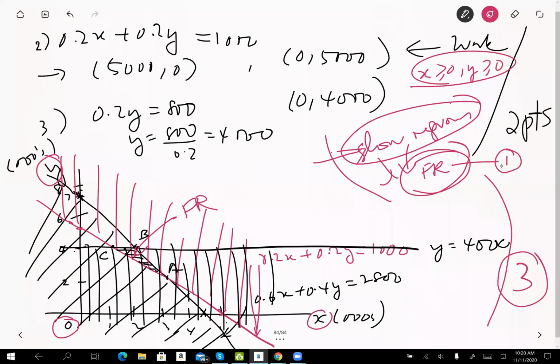The area should give you an idea, or make yourself clear in getting the feasible region. So that is most important. So that is three marks. Now you need to find the corner points. So next one is to find the corner points.